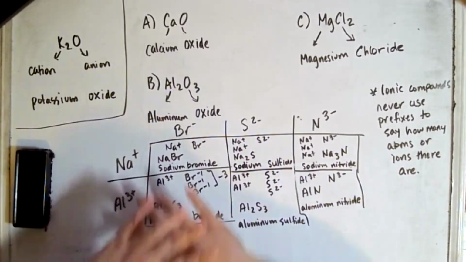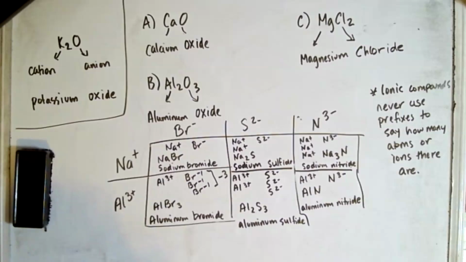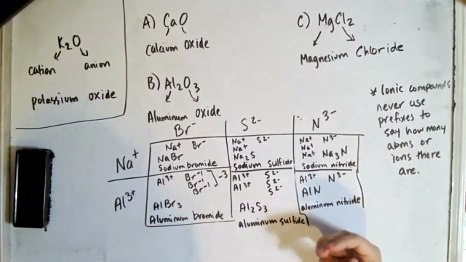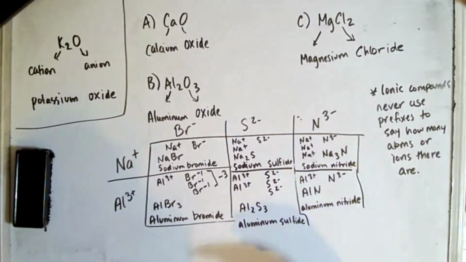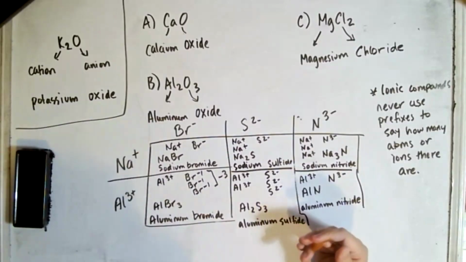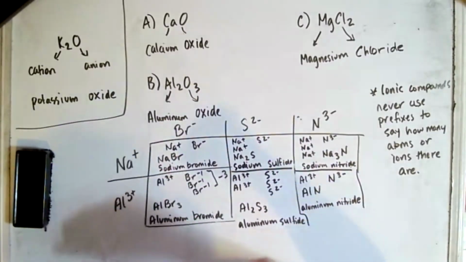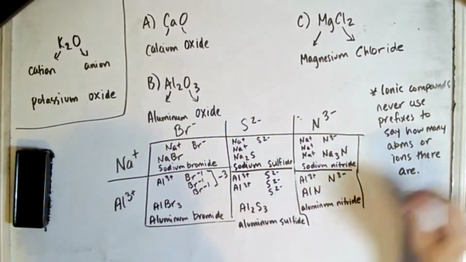You're going to notice that for all of these metals, all of these cations that we've looked at for all of these examples, each of them are metals whose charge never changes from compound to compound. They're all metals that you'll find in group 1A, group 2A, or aluminum in group 3A. Not every metal has a charge that stays the same all the time.